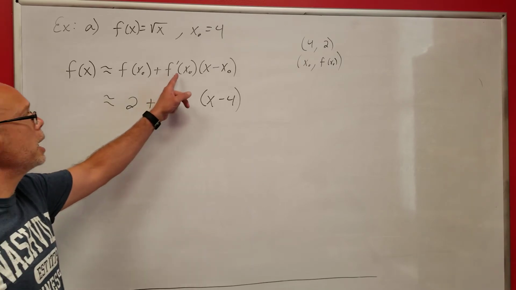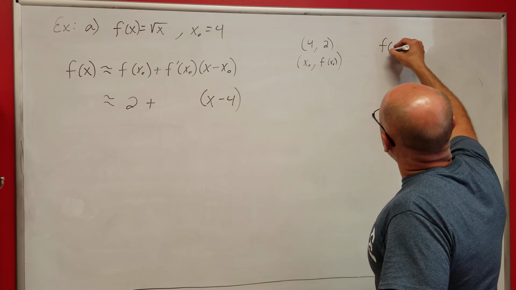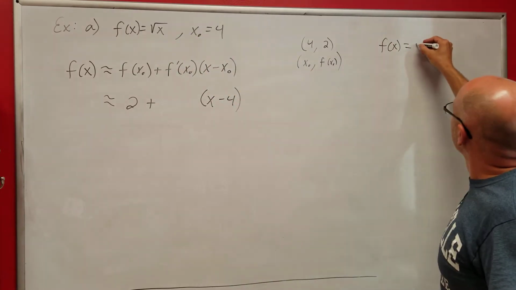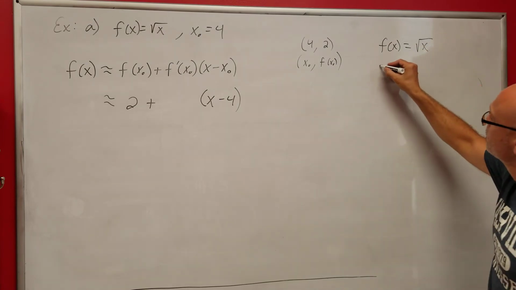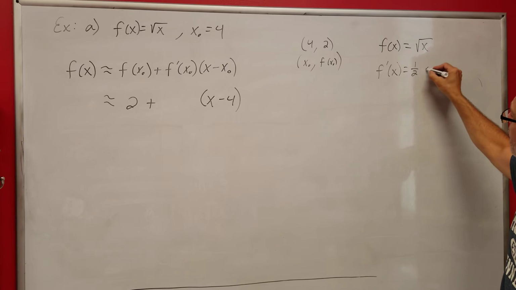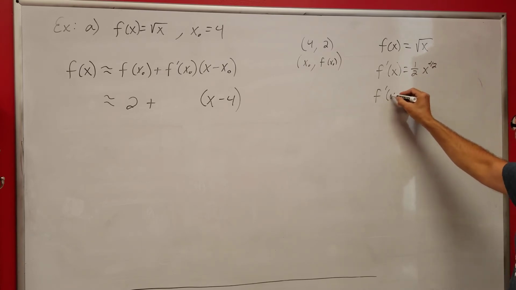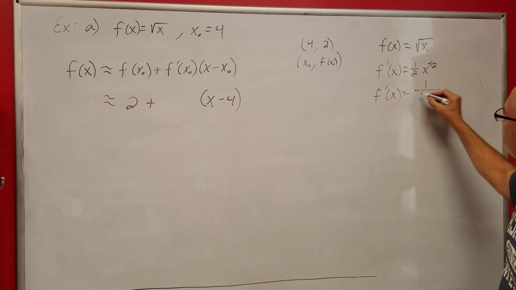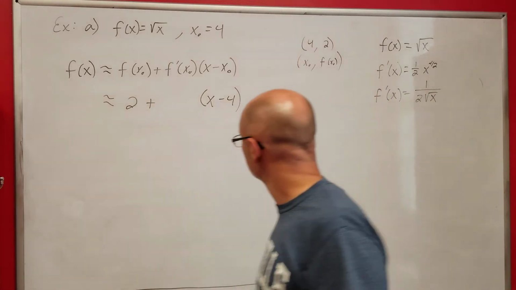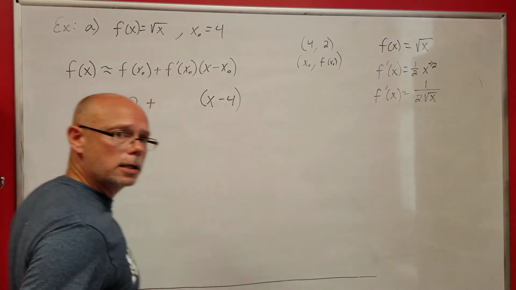So now I just need f prime at x naught. They gave us f of x was the square root of x. Let's find f prime of x. Wouldn't that be 1/2 x to the negative 1/2? Or I could say f prime of x is equal to 1 over 2 square roots of x if I clean that up. But I want f prime at x naught.